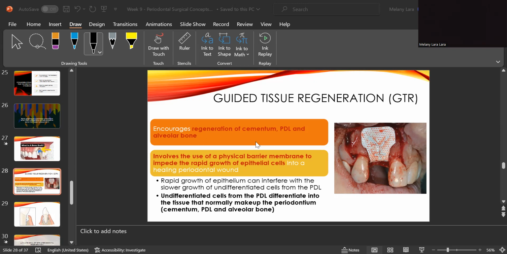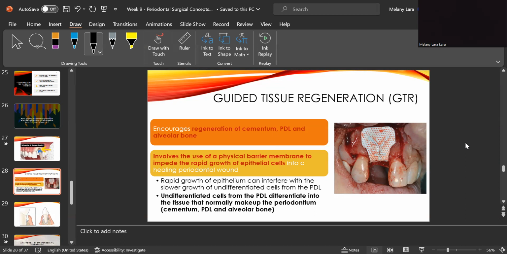And again, those are the cells we're trying to give an opportunity to heal and migrate into the wound area compared to just the epithelium. Does that make sense? So the regeneration is actually coming from the undifferentiated cells from the PDL. That's where our regenerative process is coming from. That's why the PDL is such an important anatomical component, basically. Okay? Questions on that?